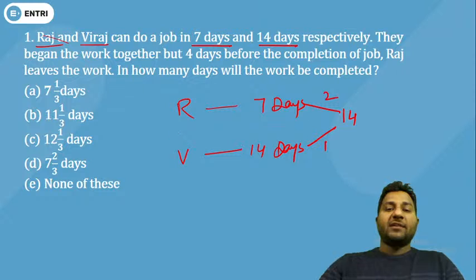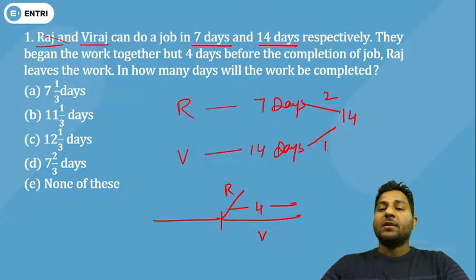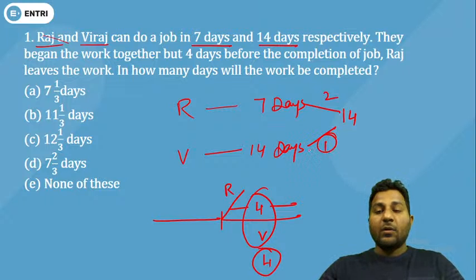Now, 4 days before, let's say this is the total work. 4 days before, who left? Raj. Raj leaves the job. That means Viraj must have done the work alone in the last 4 days. In the last 4 days, Viraj had done 4 work because in one day he does only one work.